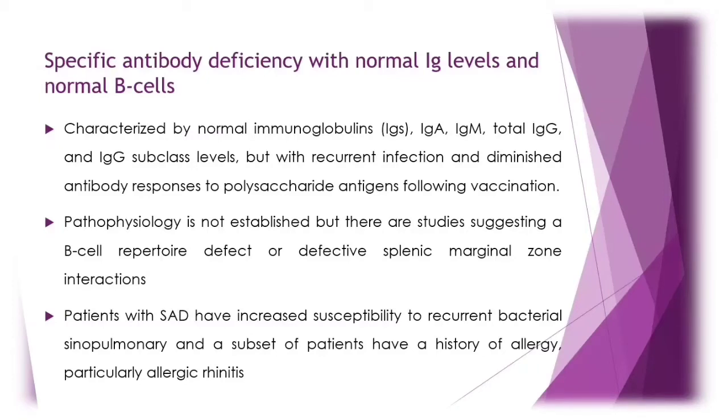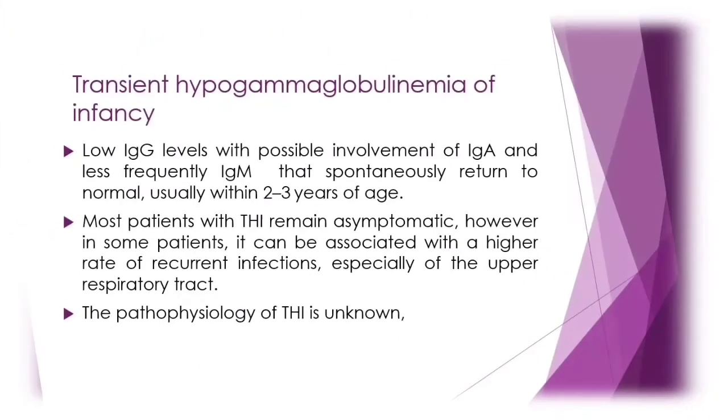The pathophysiology is not established, but there are studies suggesting a B-cell repertoire defect or defective splenic marginal zone interactions. Patients with SAD have increased susceptibility to recurrent bacterial sinopulmonary infections, and a subset of patients have a history of allergy, particularly allergic rhinitis. Last is transient hypogammaglobulinemia of infancy.